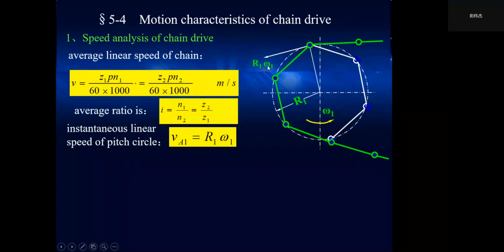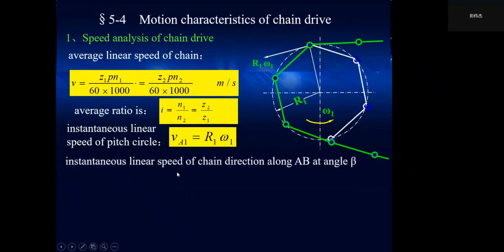So this is the instantaneous linear speed we use to calculate.